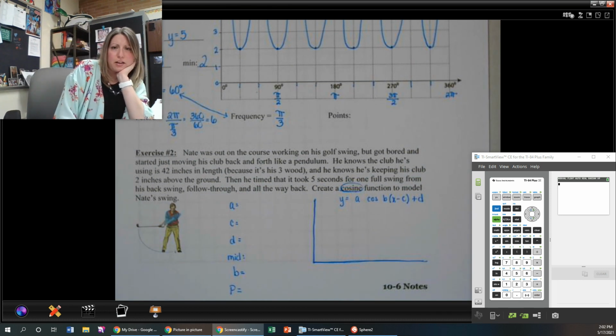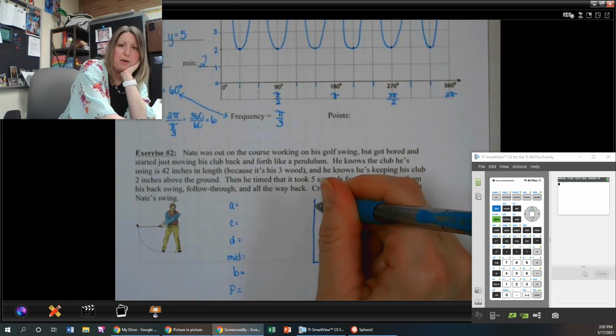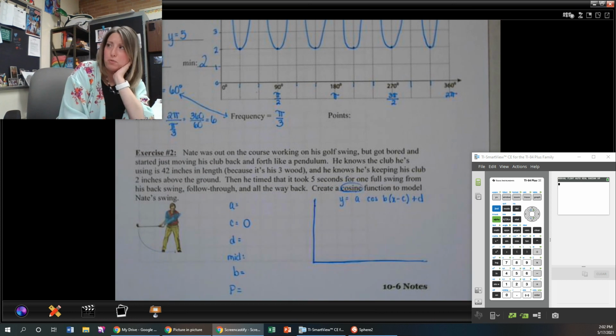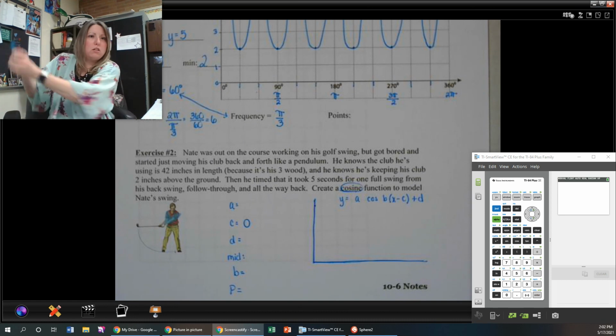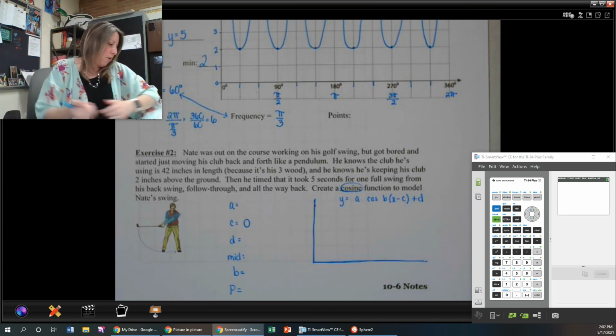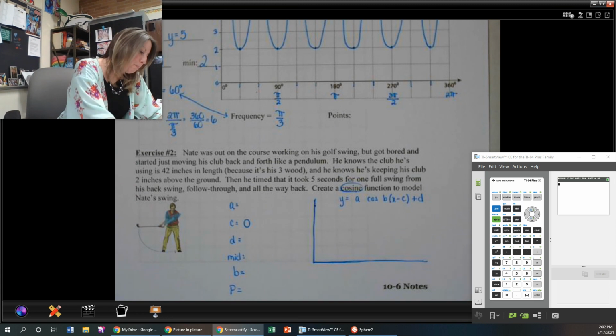Now let's think, if he's counting cosine up, so when his swing is back, then we do not have a phase shift again. So that would be a 0 for our phase shift. So he's just counting cosine from up in the back, or his backswing to forward swing to backswing, I guess I should say. Okay, if he's doing his pendulum that way.